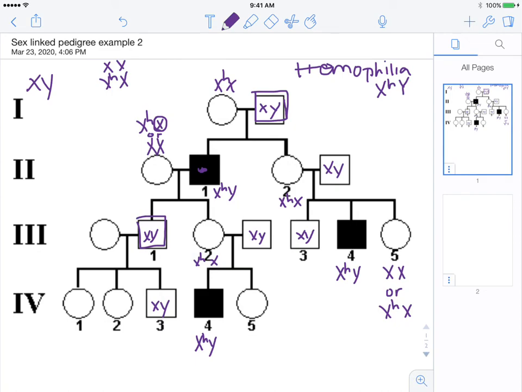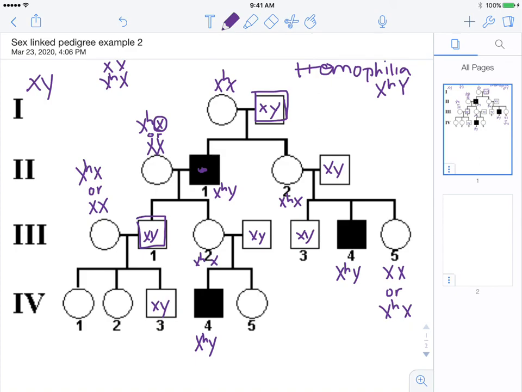Okay. Where are we? We've got just a few people left in our pedigree. So let's take a look at the people in generation 3, this first female here. We don't know if she is two plain X's or a carrier, so we are going to say that she's XHX or XX.